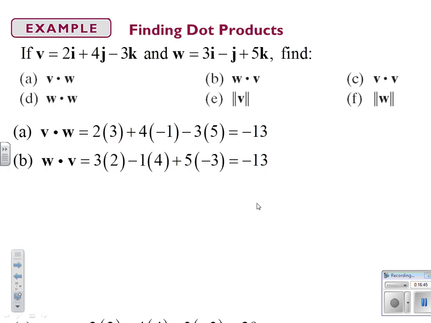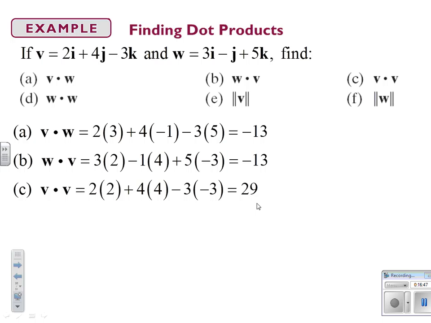For v, the dot product of v with itself, we get 4 plus 16 plus 9, which when we add those together is 29. And then the dot product of w with itself is 3 squared plus negative 1 squared plus 5 squared. It's 9 plus 1 plus 25, which is 10 plus 25, or 35.